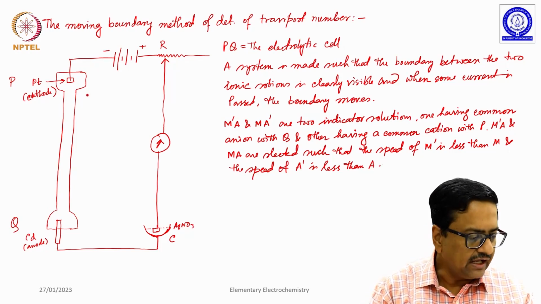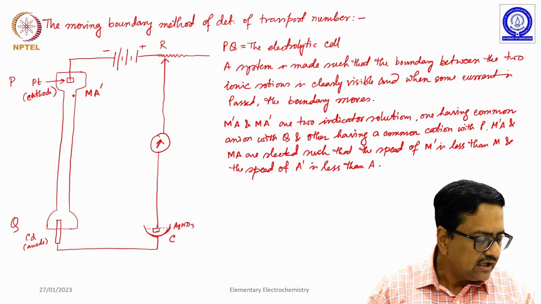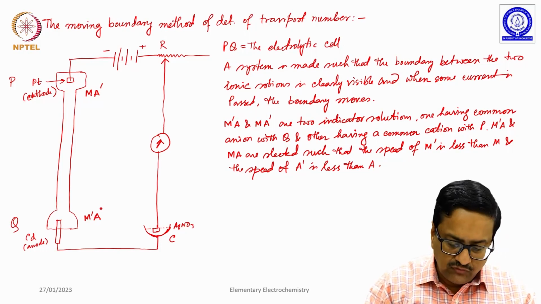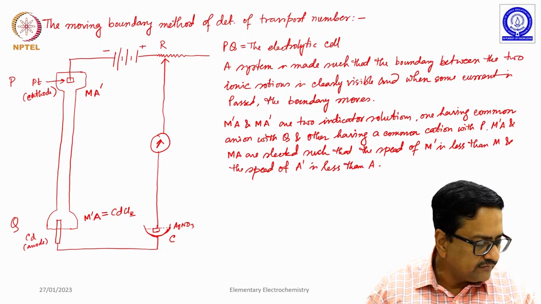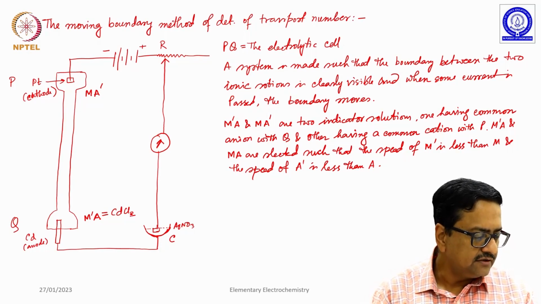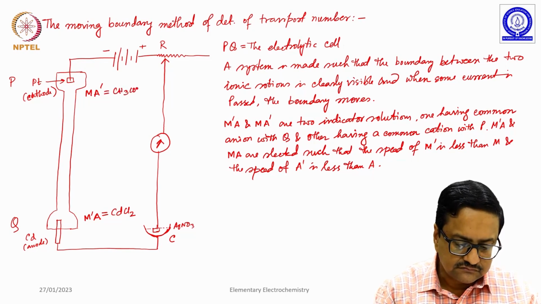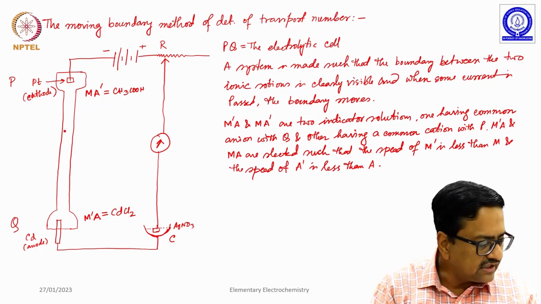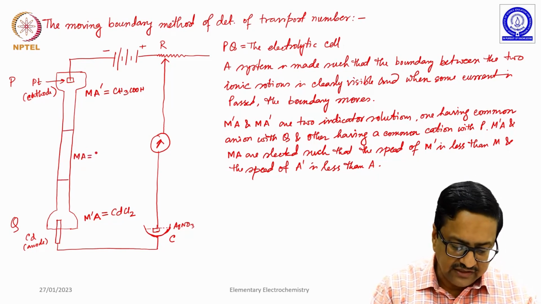So, we have M A prime here and M prime A there, where M prime A is CdCl2 and M A prime is acetic acid and the solution M A is HCl. This middle solution is HCl.